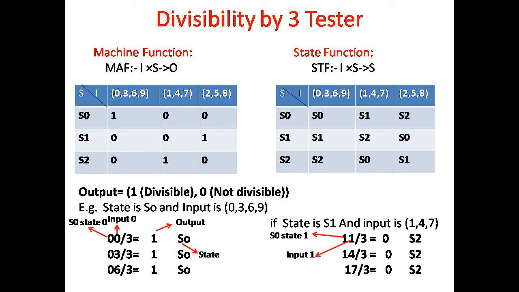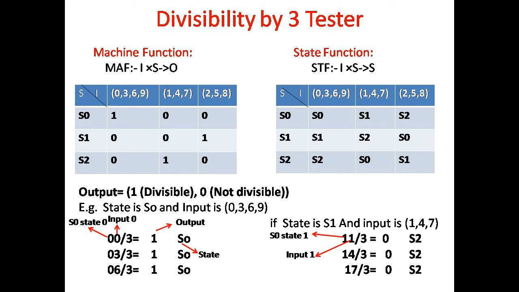If we divide by 3, it produces the output 1, and the machine is in S0 state. In S0 state, if the input is 6, if we divide by 3, it produces the output 1, and the machine is in the same state, that is S0. If the state is S1 and the input is 1 or 4 or 7, then the state is S1 and the input is 1, the number becomes 11. 11 is divided by 3, it produces the output 0, and the machine is in S2 state.